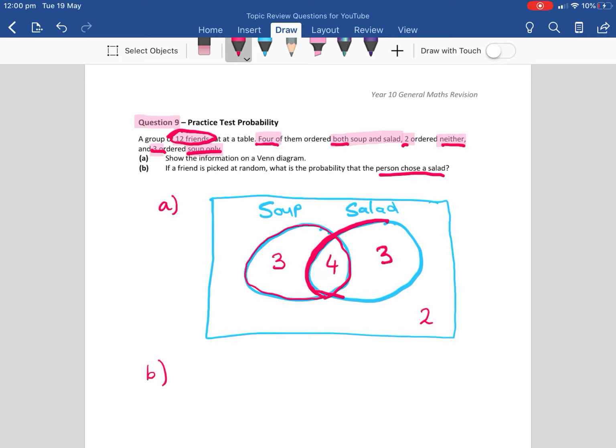So you need to make sure you account for the whole circle of salad. How many chose salad? 4 plus 3 is 7. So the probability of salad equals 7 out of how many people altogether? 12. Okay, that's your answer for that one.